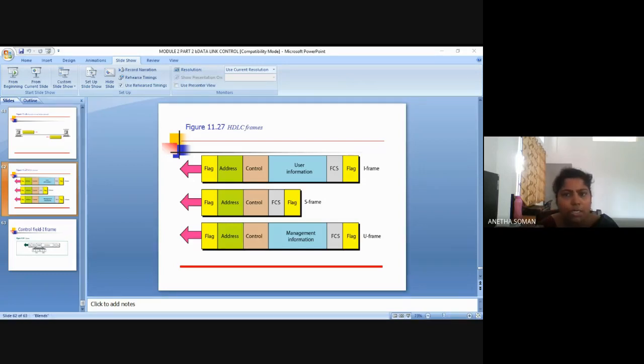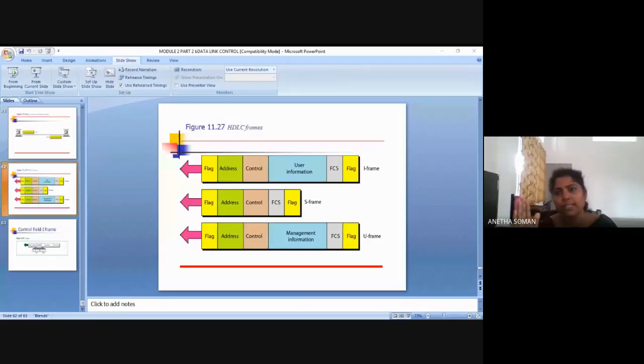The last one is the U frame, the unnumbered frames, reserved for management purposes. Information carried by the U frames is intended for management. The frame has seven fields: address field, the information, FCS and flag.